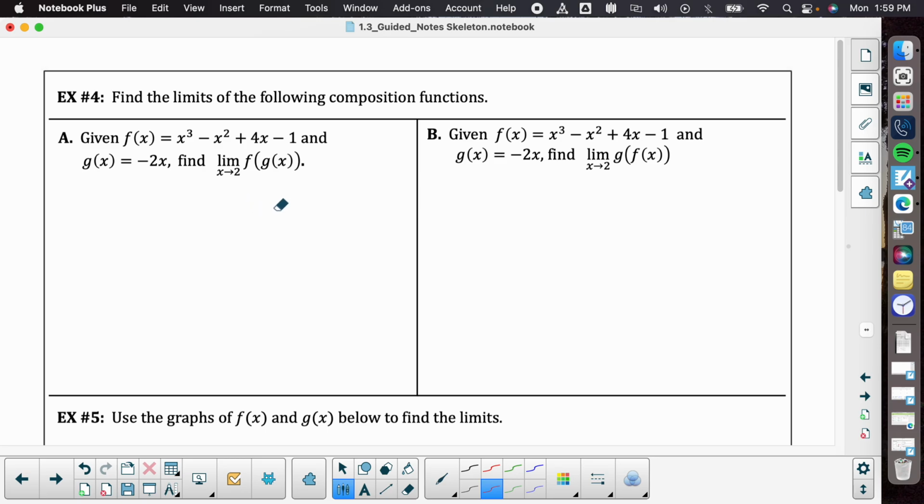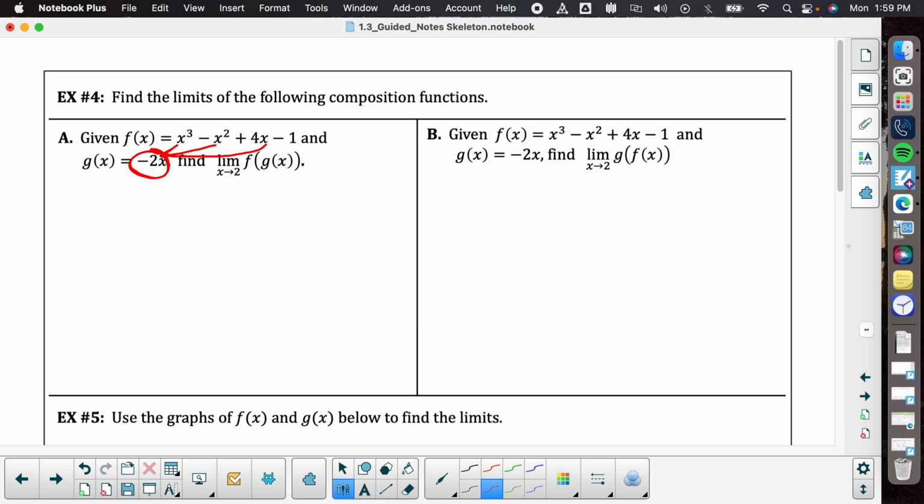Sure. So it says given f of x and g of x, find the limit of f of g of x. So we can do it 2 ways. We can, A, take g and put that in place of each x, and then plug 2 into the limit. Actually, I'm surprised this question's here because we haven't talked about how to do limits with equations.